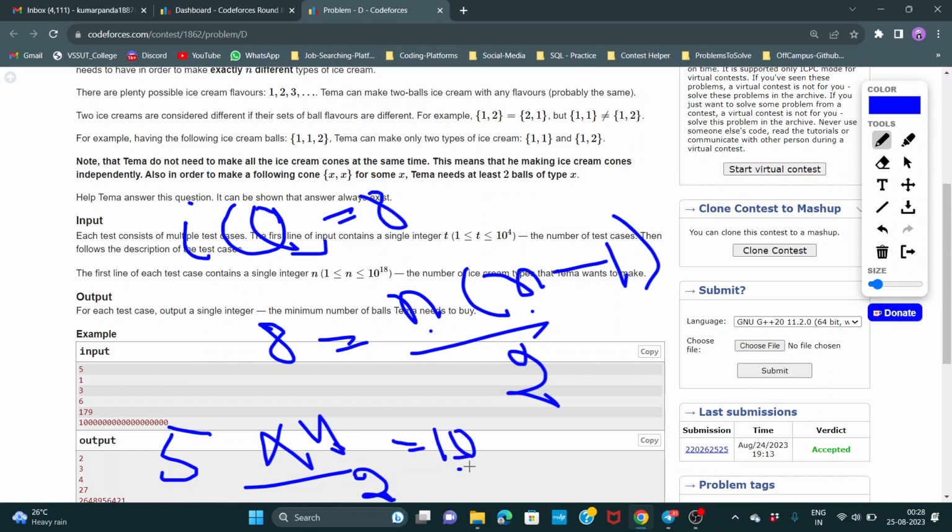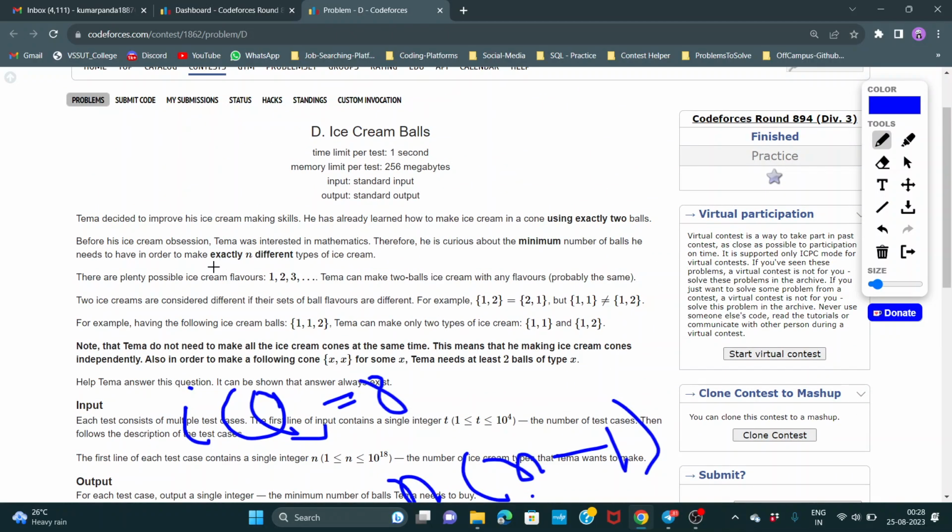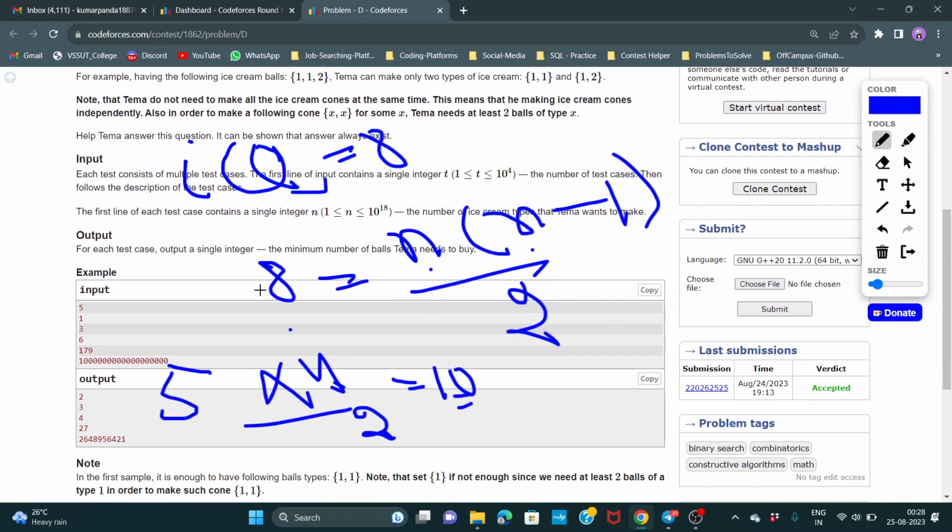So if I take 5 distinct flavored balls, then the number of ice creams is exceeding the number of required ice creams. We have to make exactly 8 different ice creams, so this is not going to be our answer. But in this case, we can take n as 4.